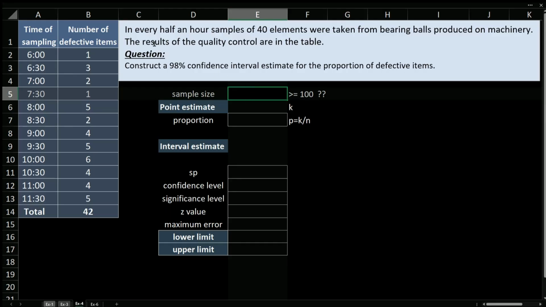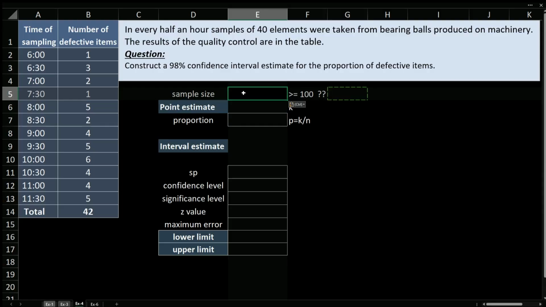The exercise says that in every half an hour, samples of 40 elements were taken. So we have this many times 40 elements as sample taken, so we need to multiply the number of times that we are sampling by 40. So here we have equal, this is the sample size.